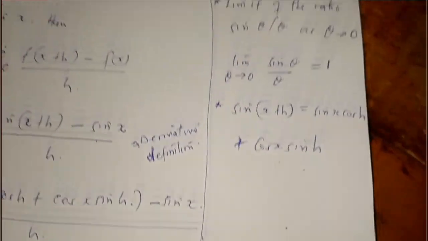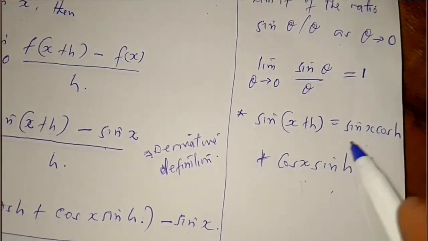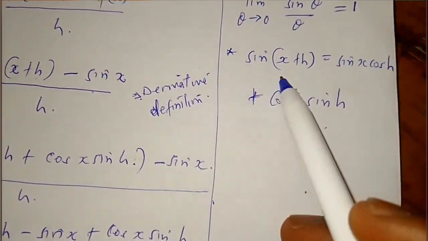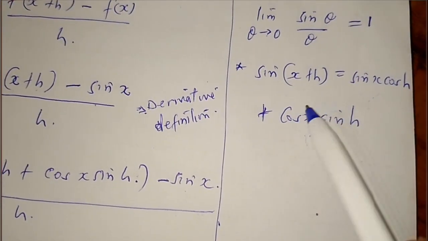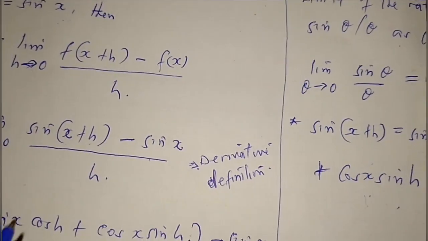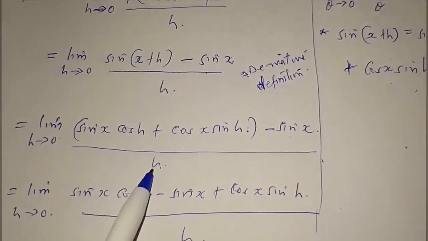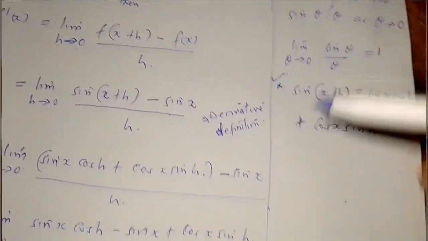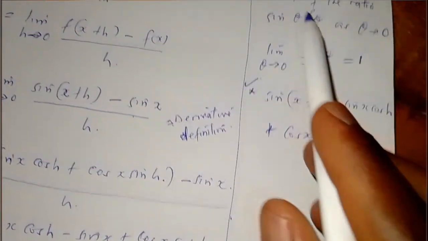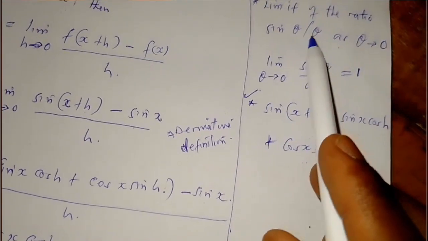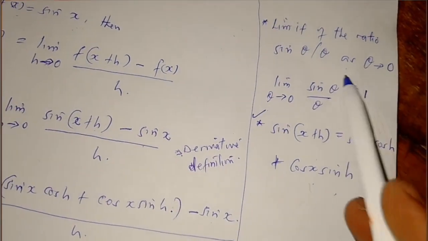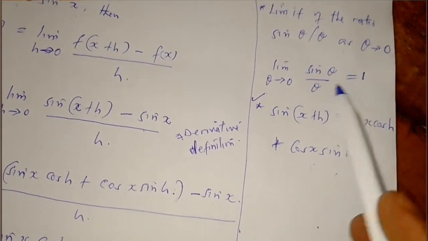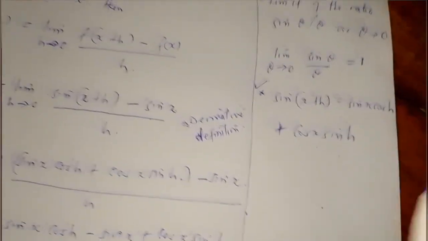Remember, I have applied this angle sum identity for the sine function here, so we are done with this one. Now we are applying that the limit of the ratio sine theta over theta as theta tends to 0, as I have written it here, is equal to 1.